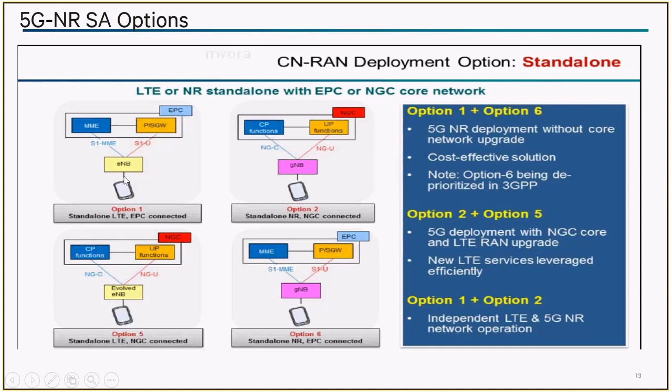It was realized that with the latency of less than 1 millisecond that is required, the current eNode Bs would not be able to scale up. So option 1 is not at all a possibility. The other possibility could be that you have a next generation core, the old eNode B, and use a standalone mobile. Again, this also is not finding much favor because of the restrictions on the eNode B.